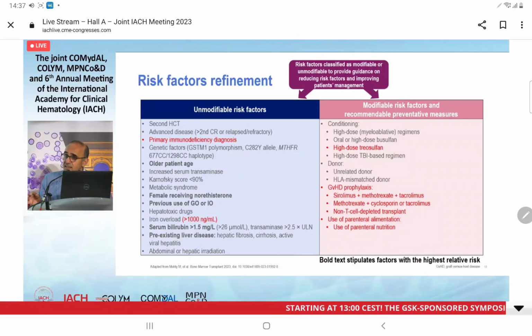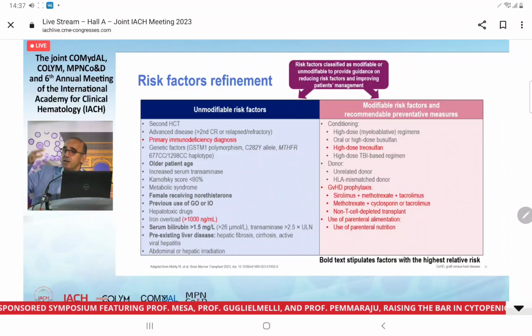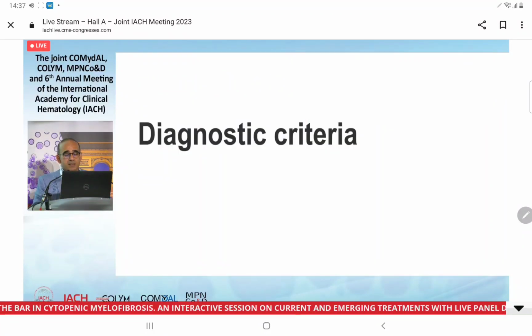A pre-existing liver disease is an important parameter. Adjusting the dose of treosulfan is important because, depending on the other risk factors, if you want to use a fully myeloablative conditioning, then you need to be careful if there are other risk factors. This is where, if you have other risk factors, you may wish to decrease the dose of treosulfan, busulfan, or even TBI. So these are really practical parameters.